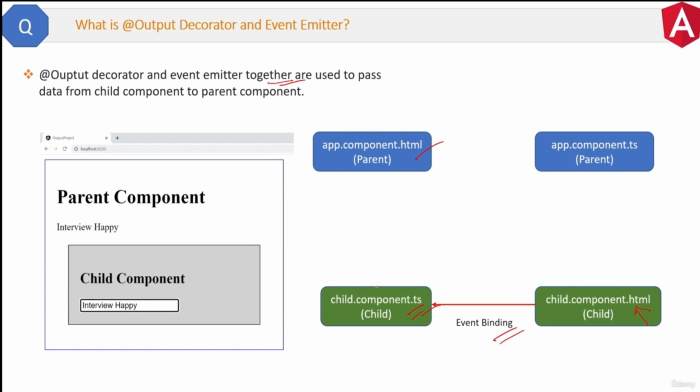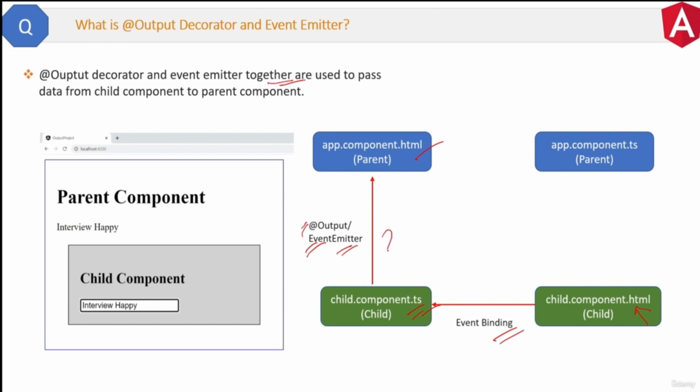Then the next step is this child component TypeScript file will emit the event, or you can say inform the parent component that here I am sending something with the help of @Output decorator and event emitter. So this is the second step.